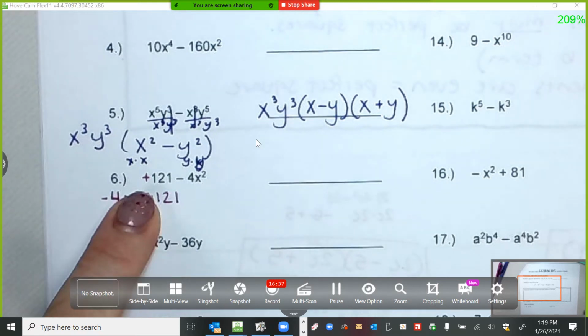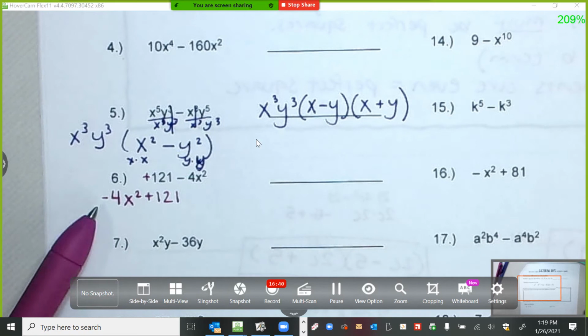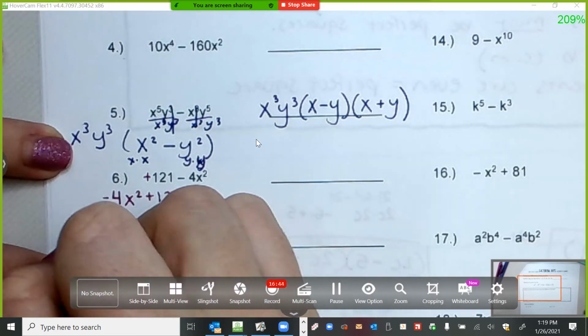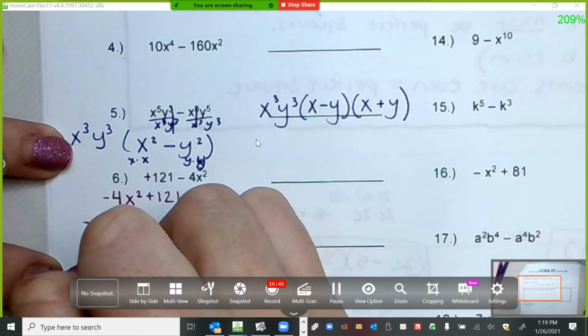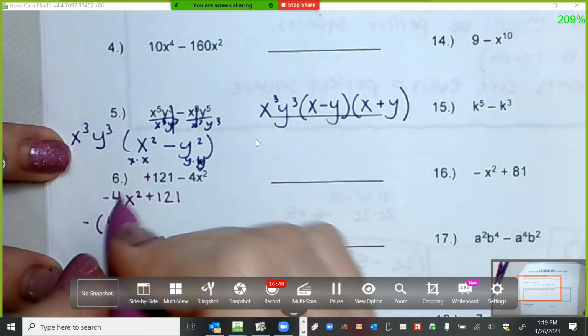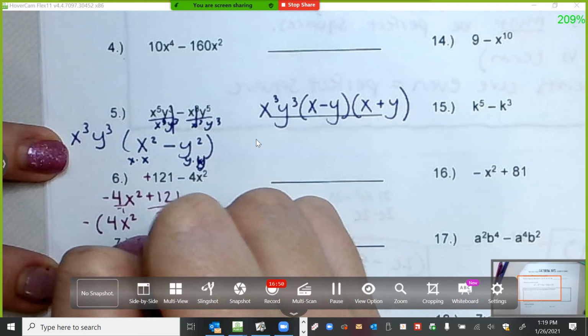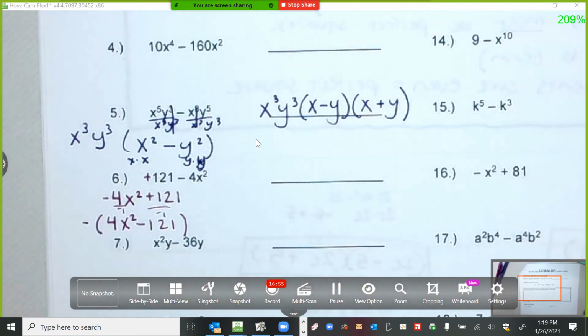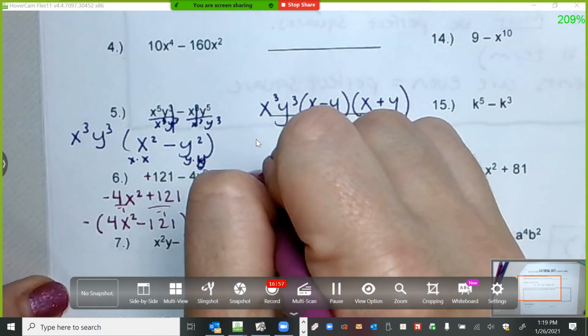Okay, but am I supposed to have a negative at the front? No. So I have to take that negative out. And when I take it out, I have 4x squared. It became positive, right? It's like dividing by negative 1, minus 121. Now is it a perfect square minus a perfect square? Yes. So don't forget to put my negative back in front.